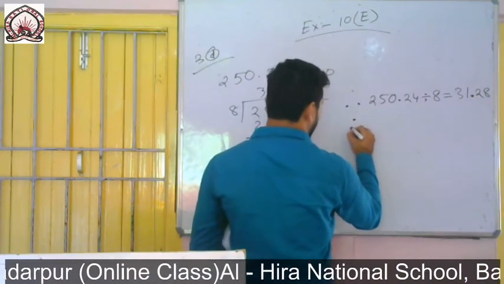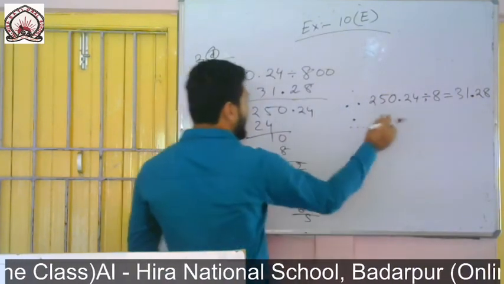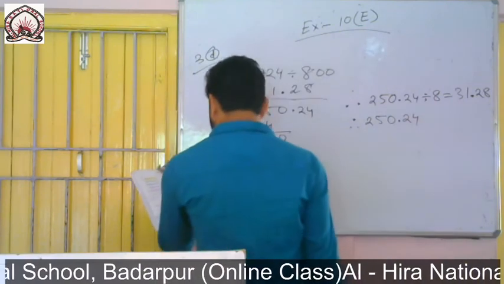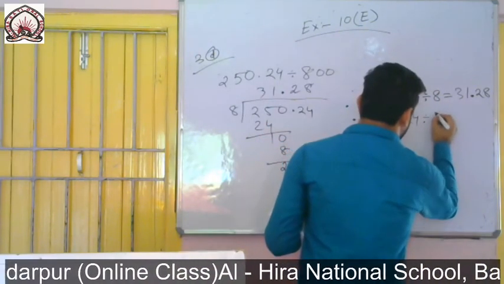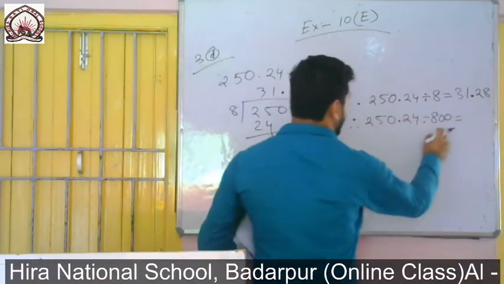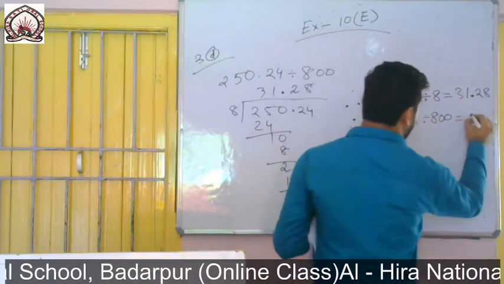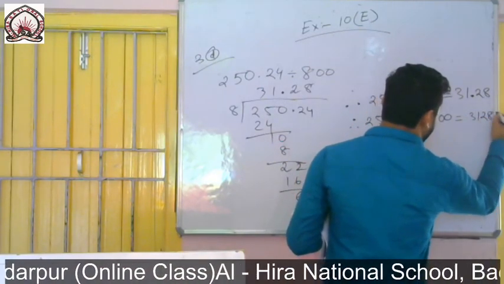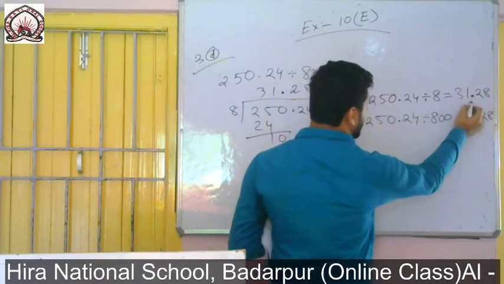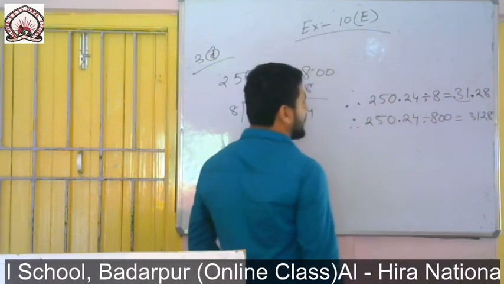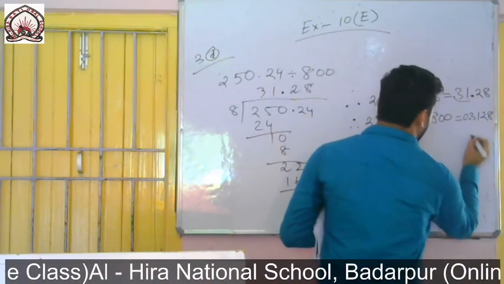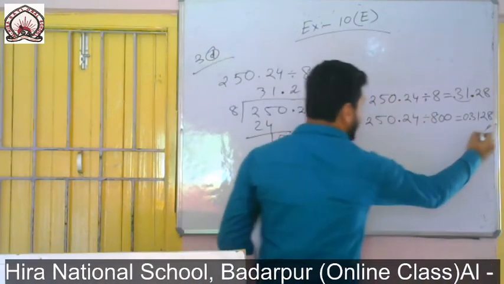Therefore if I divide by 800, 250.24 divided by 800, it will be like this. You write this one first, 3128, then 2 zeros. So the decimal will shift here, 2 places left. So the point will come here. So we'll put a 0 before the point, and that is the required answer.